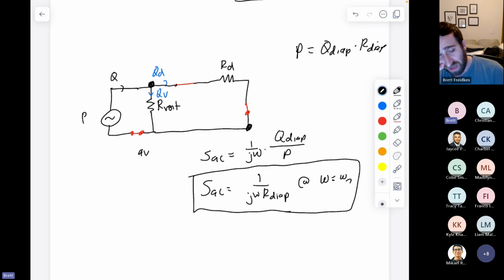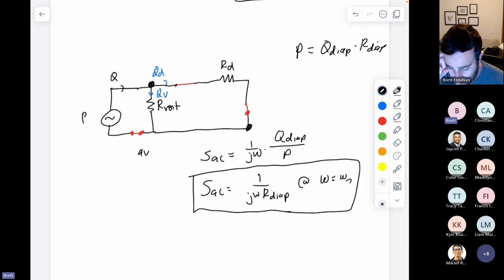I'll just summarize exactly what we just did. At the natural frequency, the thing to remember is that all of your imaginary terms will cancel each other out. In that situation, for our circuit model, we just say that they all short because they all cancel each other out.